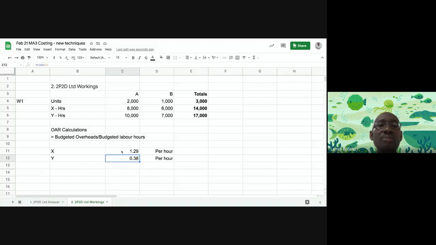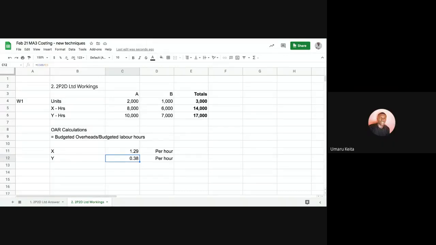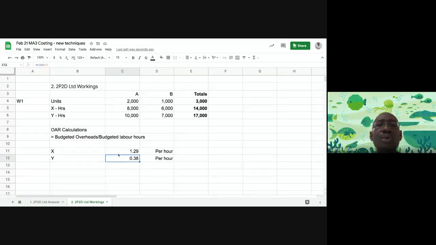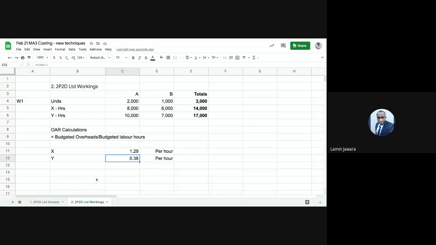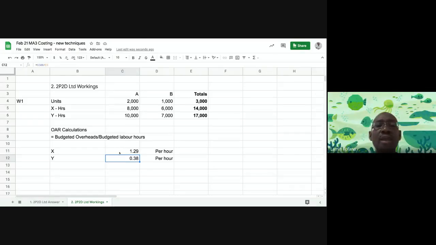So we take the OAR multiplied by the actual activity level in order to absorb.